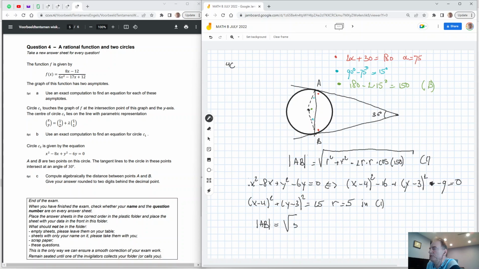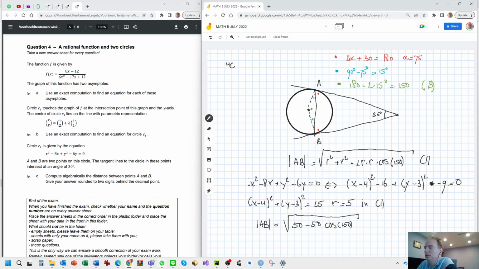So 50 minus, again, 2r squared, or minus 50 cosine of 150. And then the whole square root of that.